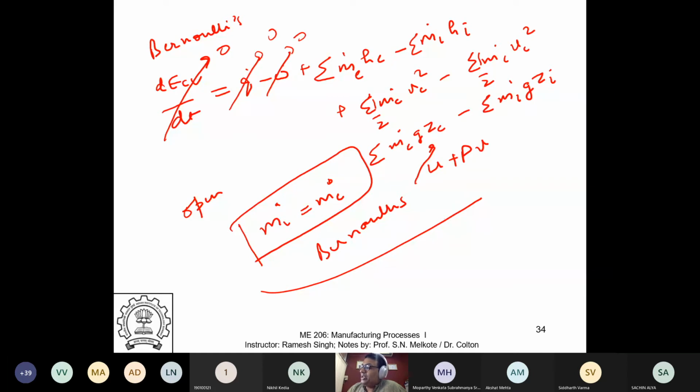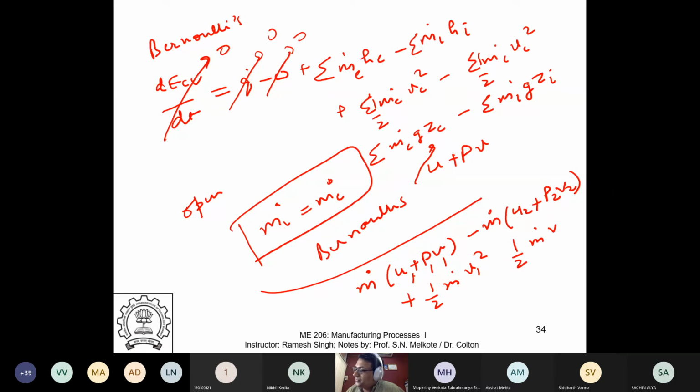The m dots cancel. So you get m dot times u1 plus p1 v1, minus m dot times u2 plus p2 v2, then the velocity terms, half m dot v1 squared minus half m dot v2 squared, plus m dot g z1 minus m dot g z2. Here I use z as height, because I have taken enthalpy out.